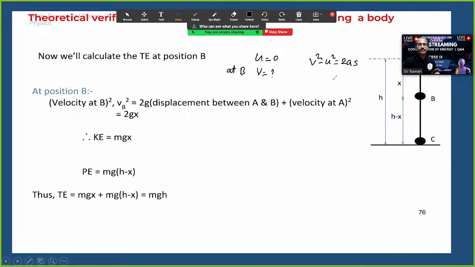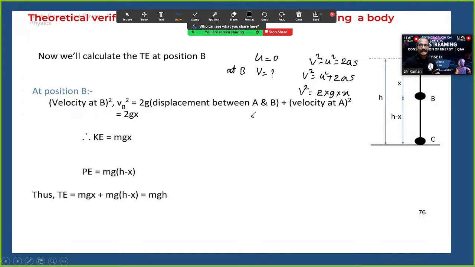From here, v square is equal to u square plus 2as. In place of acceleration, acceleration due to gravity, v square is equal to, initial velocity u value will be 0. Clear? Now 2 into g into s, the value is x, that is the v square value. We got it.